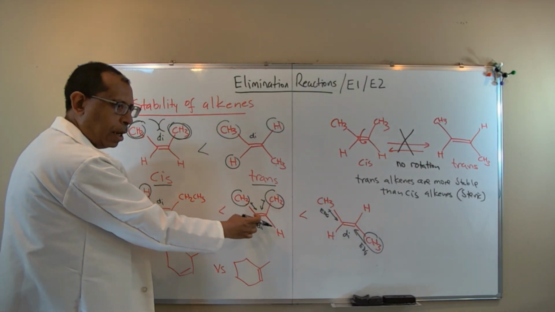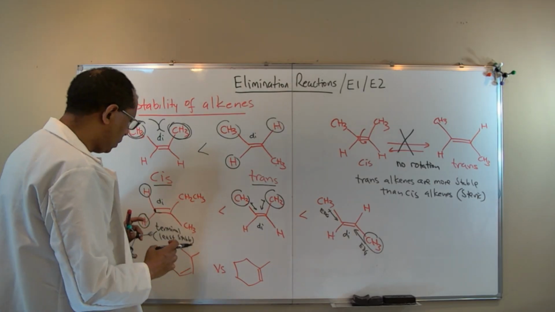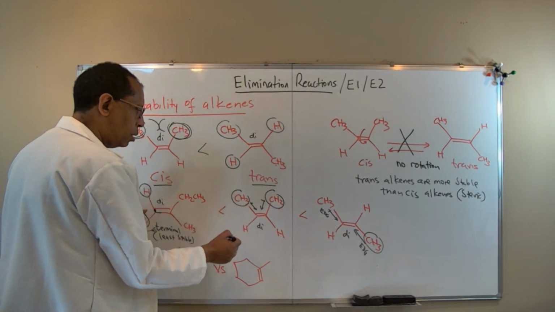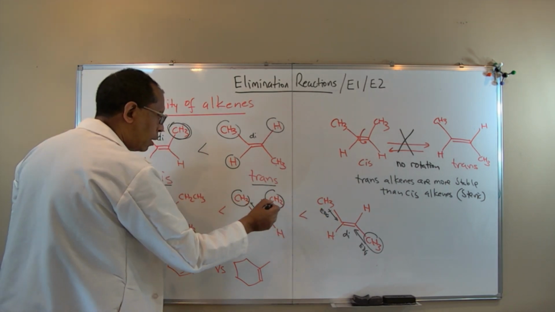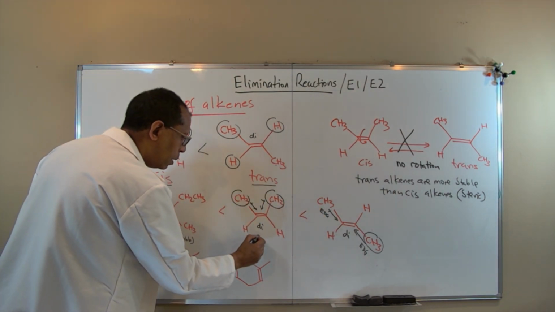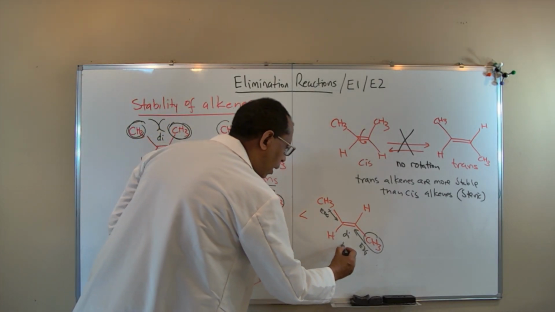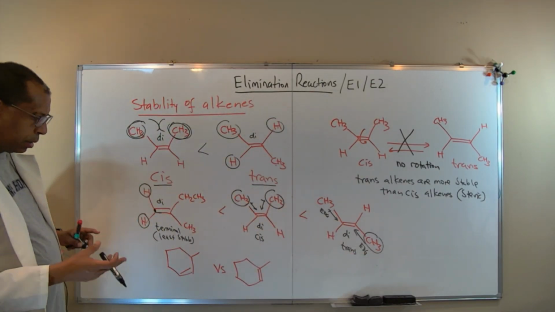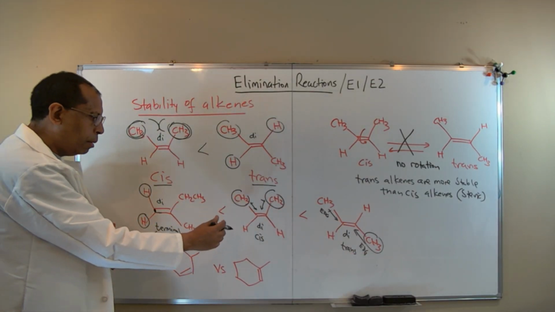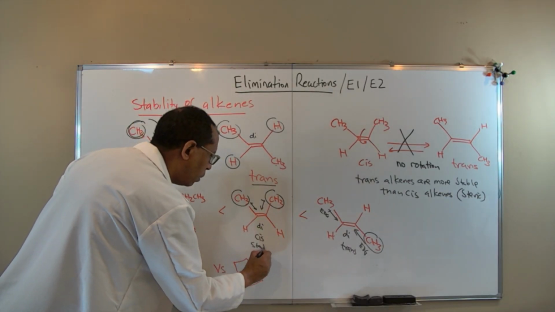Internal because it's in between carbons which are substituted, and here this is less stable than the other because the cis alkene is less stable than the trans alkene. So 2 factors here. This is less stable, next stable, more stable. So this is stable, most stable.